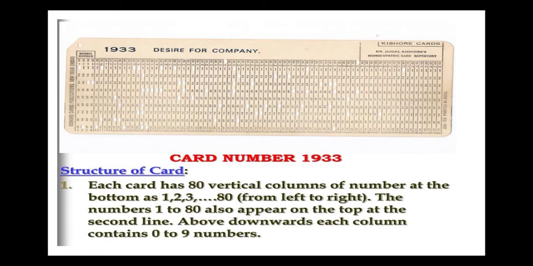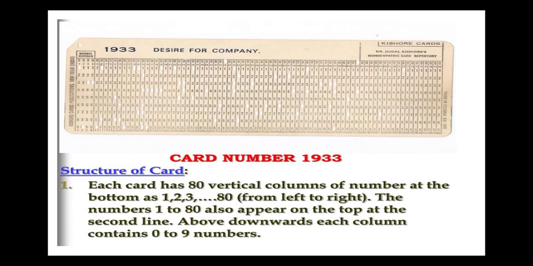In this slide you see a card which contains 80 vertical columns of numbers at the bottom as 1, 2, 3 to 80 from left to right. The numbers 1 to 80 also appear on the top in the second line.